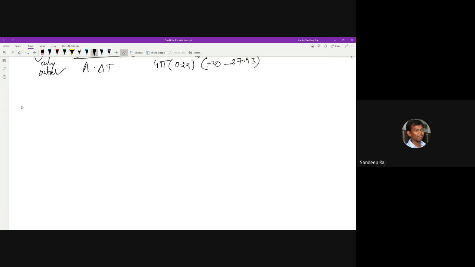And the next concept is the radiation heat transfer coefficient. Overall heat transfer coefficient we have just seen, and the next thing I'm telling you is the radiation heat transfer coefficient. This is also the same thing.